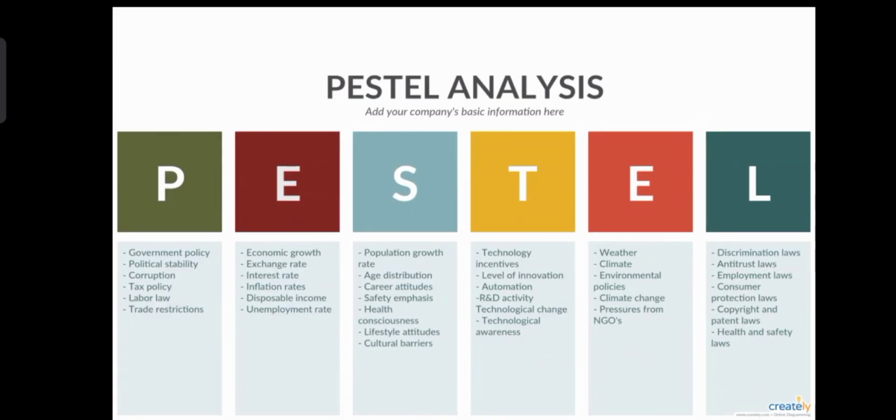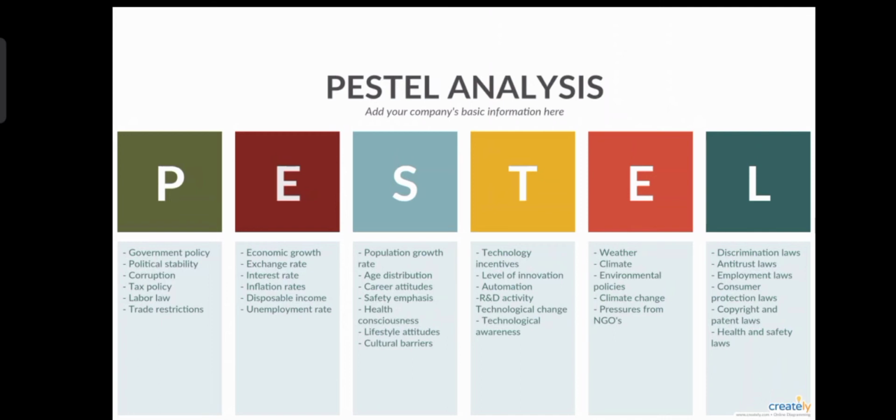So let's illustrate PESTEL analysis. P for political. PESTEL analysis helps the business identify opportunities and significant threats. It guides the direction of change within the business environment and helps avoid starting projects that are likely to fail.